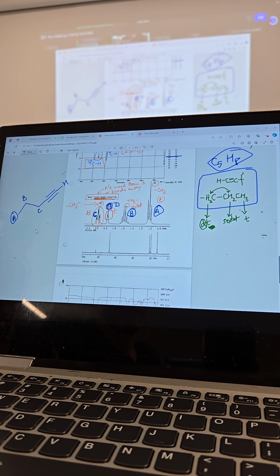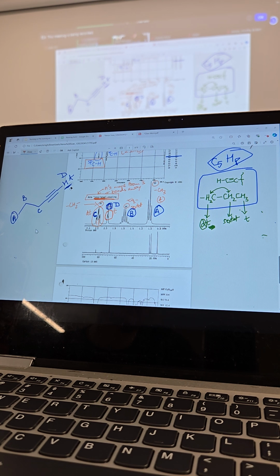Signal D is the alkyne hydrogen, which is split into a triplet by long range, small coupling, because this is coupling with these 2 hydrogens here. So that's why that's a triplet, whereas these 2 are doublet of triplets. Exactly. Is everybody seeing it?